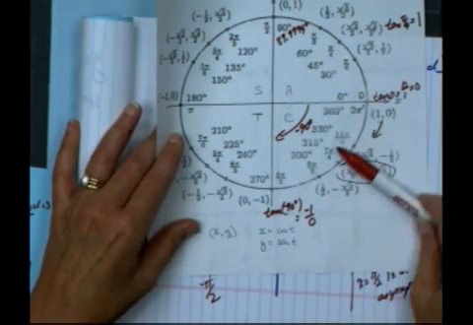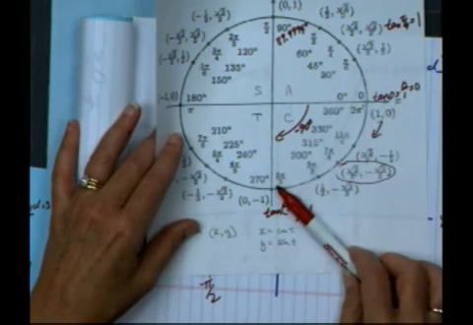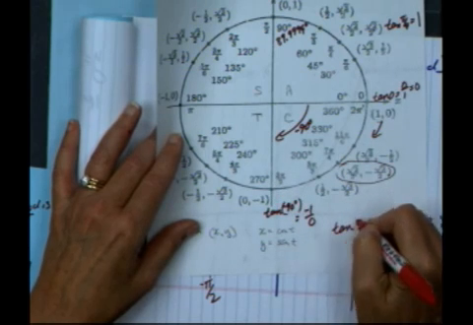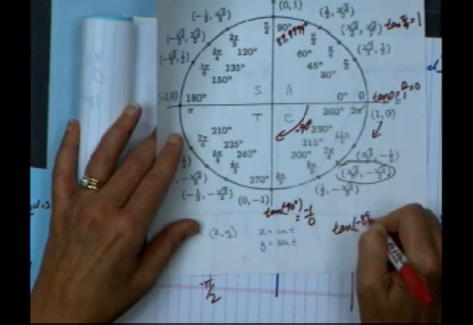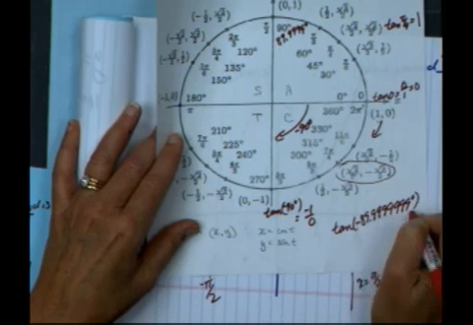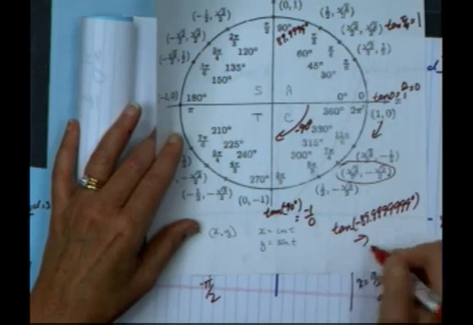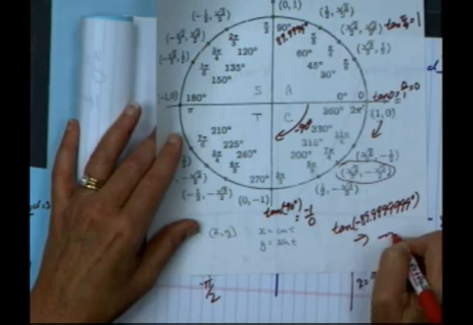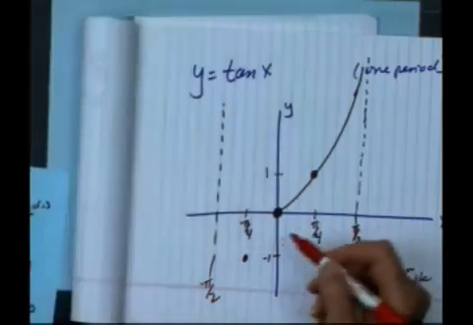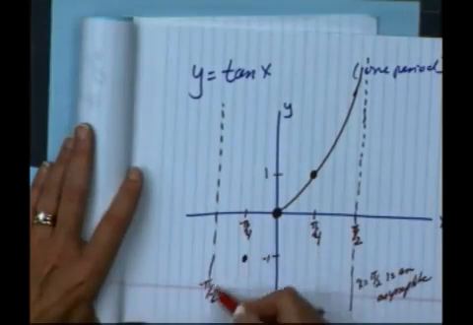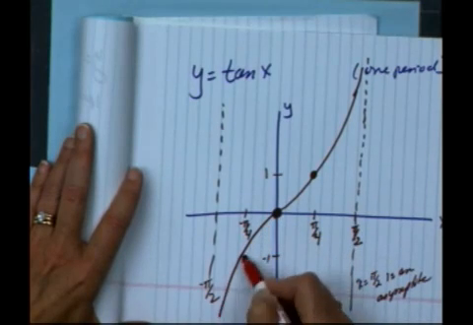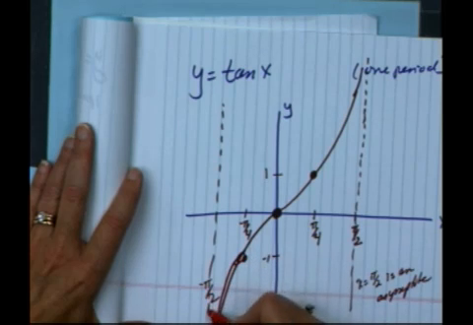But if you're in this quadrant, aren't all your tangents negative? So if you put in the tangent of negative 89.999999 degrees, where do you think this thing is going to approach? Negative infinity. Okay? Negative infinity. So as we approach negative pi over 2, but just a little bit smaller than that, the curve is going to go like this.